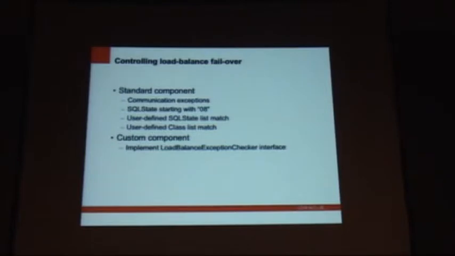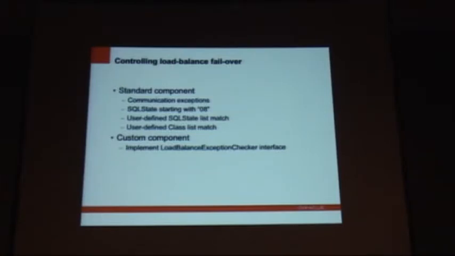Commit, rollback, so we know that the transaction has been done and it's safe to fail over or choose another host, or we get an exception, and specifically communication exceptions, which tell us that the host is unavailable. So these items that we list under the standard component right now are pretty much the triggers for us to choose another host caused by a SQL exception.